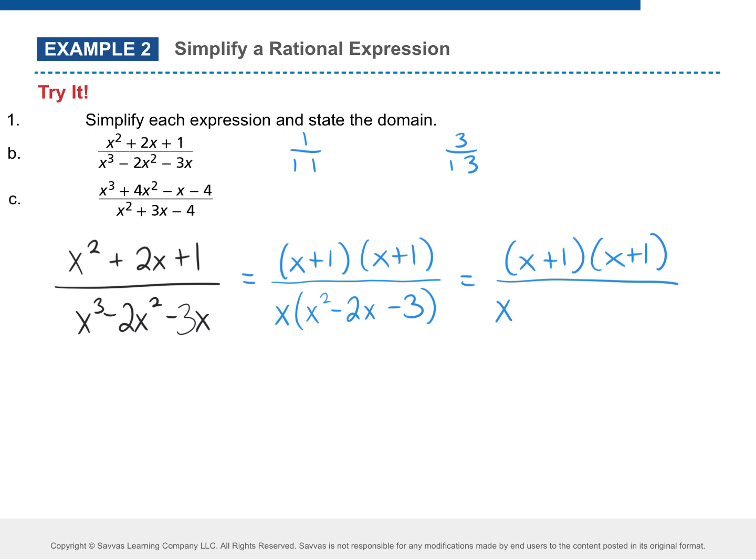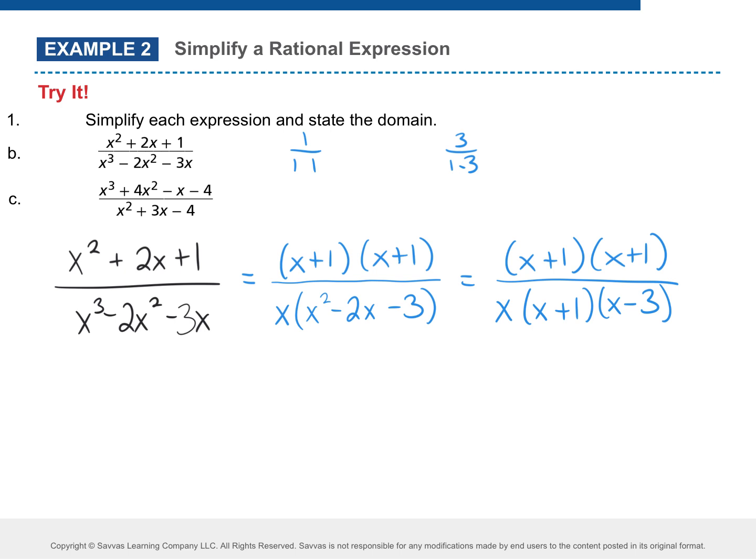How can we get 1 and 3 to get to negative 2? Negative 3, right? So if I rewrite this, I have x plus 1 and x minus 3. Now, do you agree that both the numerator and the denominator are factored completely? Yes. They're both in simplest form right now.